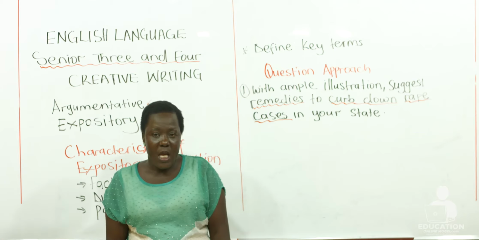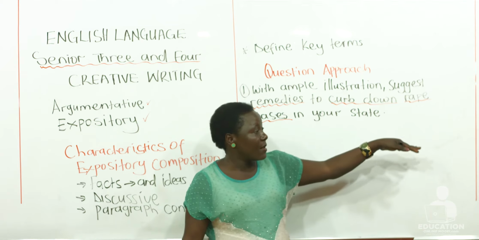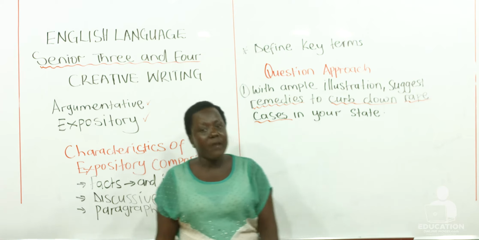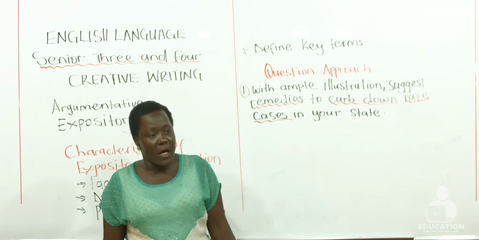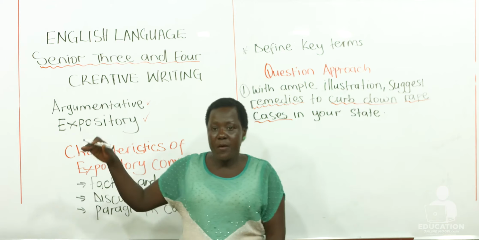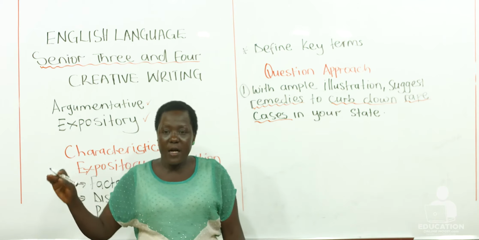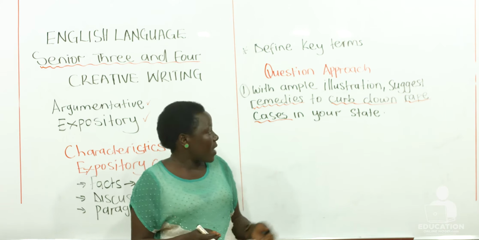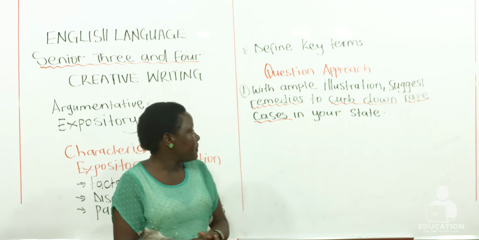For instance, if you sleep with a woman forcefully, or a girl, or if a woman sleeps with a man forcefully, that one is already rape. Then you cite examples. For instance, in our society today, or in my state, maybe a woman was gang raped, maybe a man was molested by an older woman, or a young girl was raped by an uncle. So all those are rape cases, being forced to have sexual intercourse against your will.